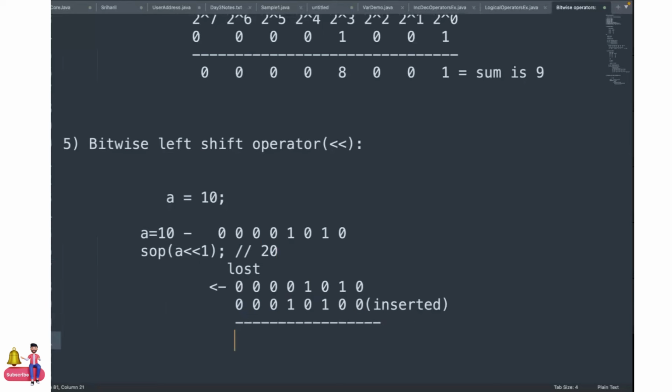As I told you, this is going to be 0 anyhow. All this will be zeros. Now this is having 2 to the power of 4, which means 16.